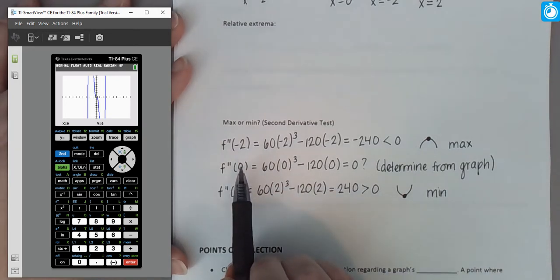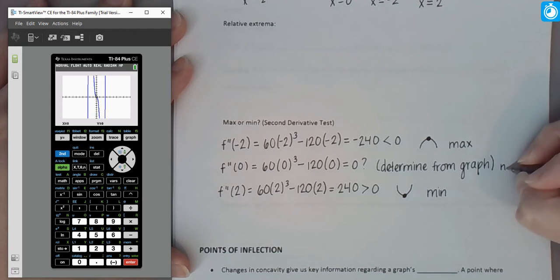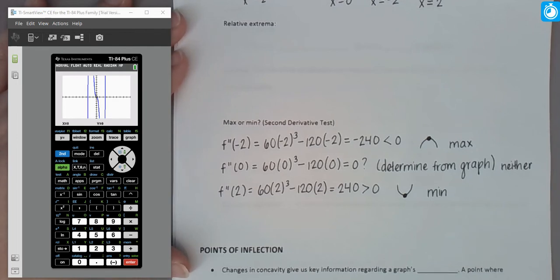So x equals 0, not an extreme value. So we can say based on the graph that it is neither a maximum nor a minimum. We don't get any special information from that particular graph or from that particular value for the second derivative, and from the graph we determine it's neither a maximum nor a minimum.